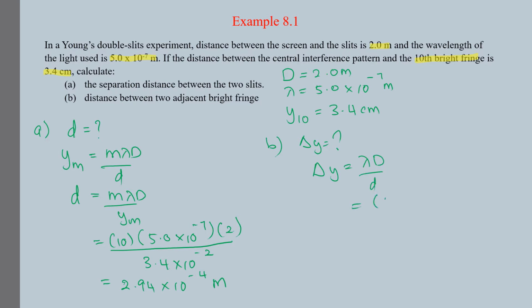Lambda is 5.0 times 10 power of negative 7, times 2, over 2.94 times 10 power of negative 4. So the final answer is 3.4 times 10 power of negative 3 meter.